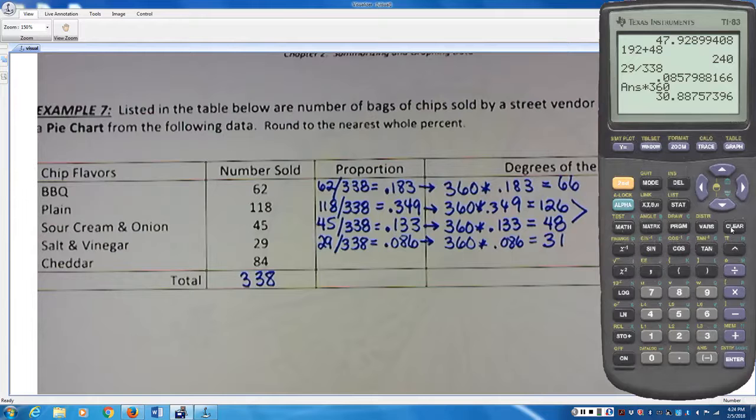So if I tack on another 31 degrees, I'm at 271 degrees.